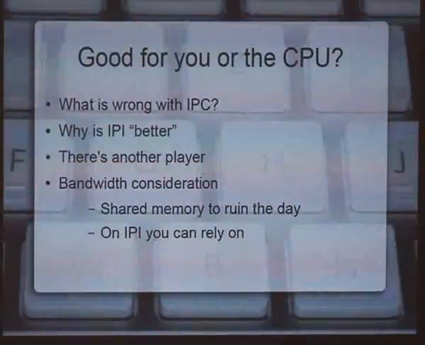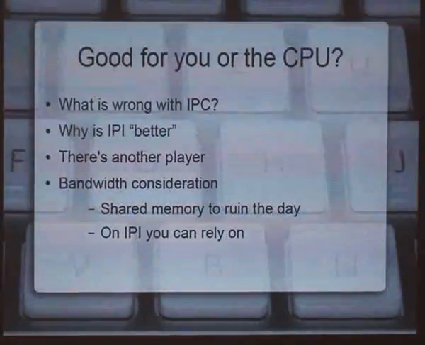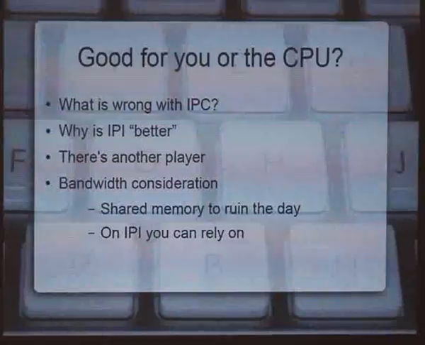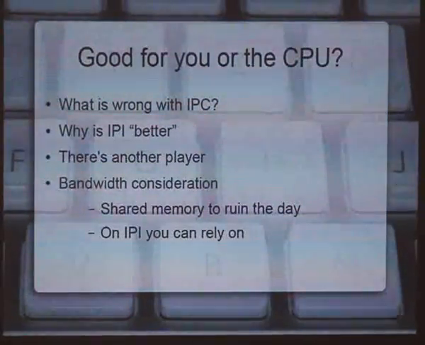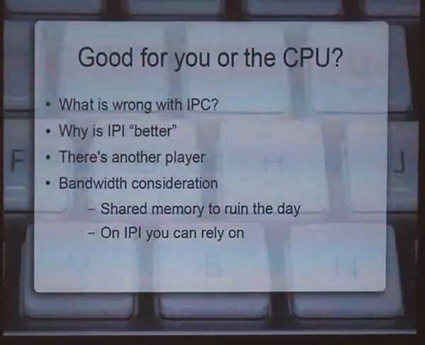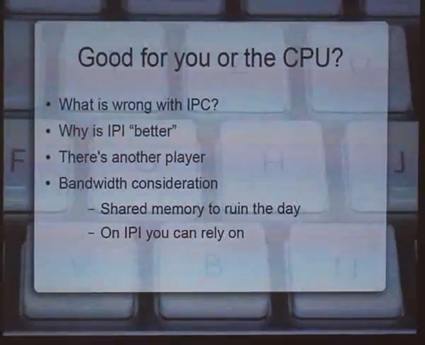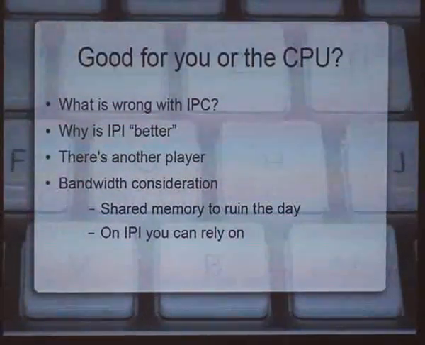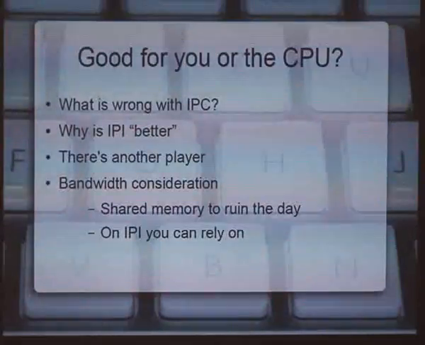And then there's bandwidth consideration. If writing to memory instead happens automatically through the APIC bus, then you shave some clocks off the bandwidth, and you can use it for other tasks the CPU might do.